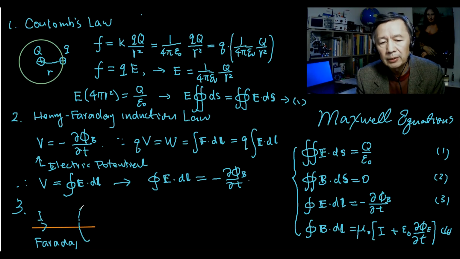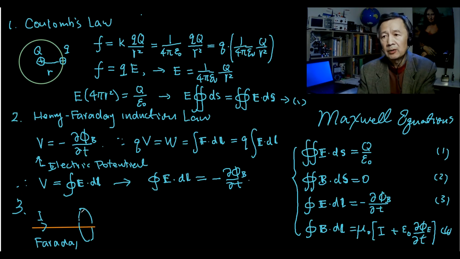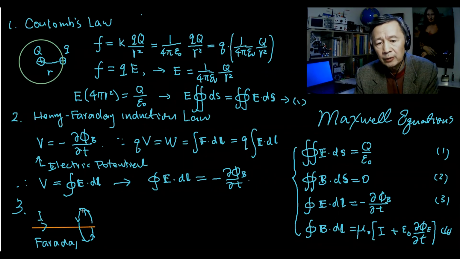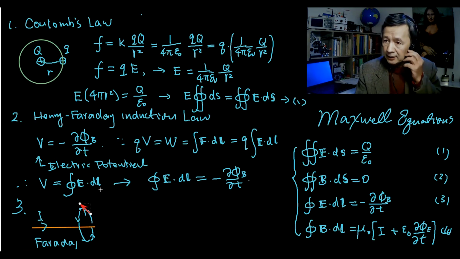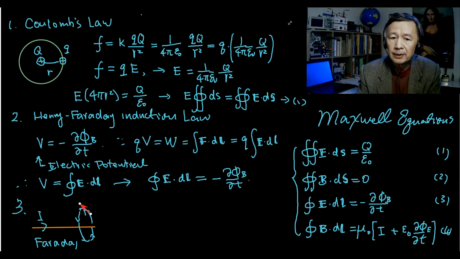This circle represents the magnetic field line here. If you want to draw the magnetic field, I just draw a single arrow here, and the direction of the magnetic field at any point is along the tangent. So this is the experiment.